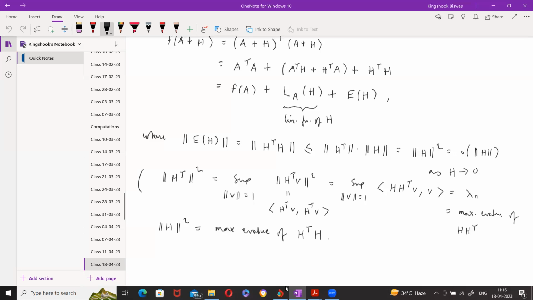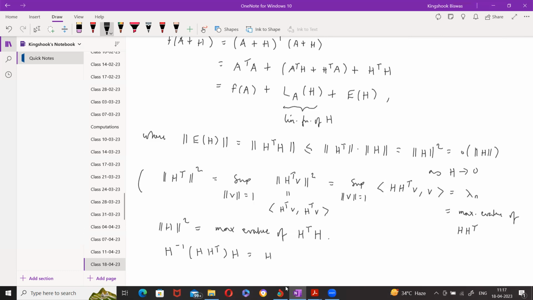Would it be because H transpose and H would have the same eigenvalues? Yeah. So why is that? Look, if H is invertible, then if I do H inverse times H transpose H, what does this give me?